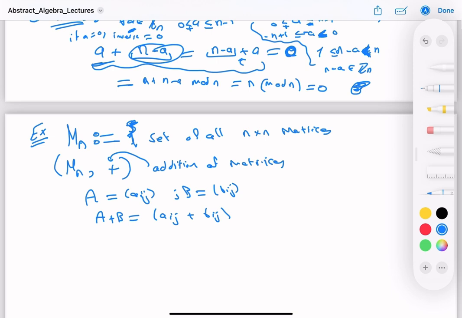So this is how we're defining the addition, and this Mn is an important notation for you to keep in mind. It's the set of n by n matrices, and the claim is that Mn with the addition is a group.